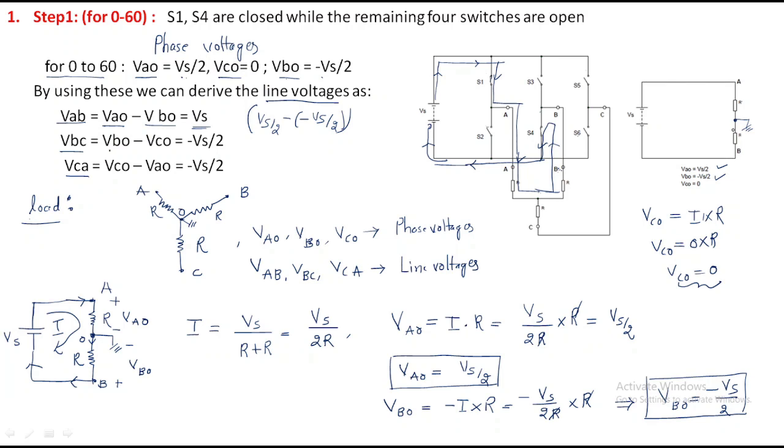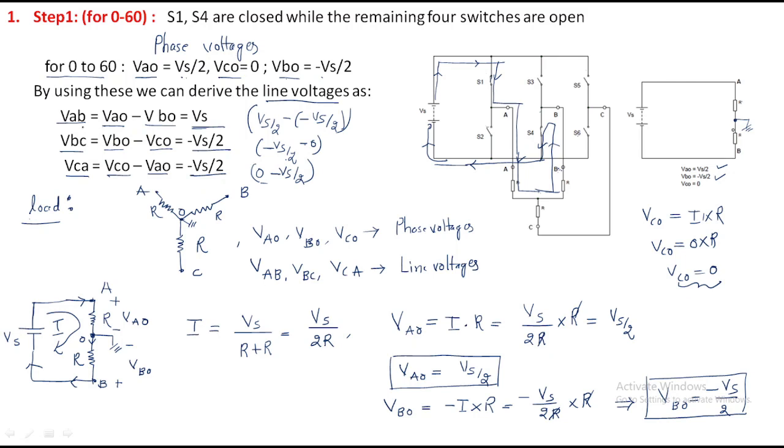What is VBC? VBC equals VB0 minus VC0. VB0 is minus Vs by 2 and VC0 is 0, so you get minus Vs by 2. What is VCA? VC0 minus VA0. VC0 is 0 and VA0 is Vs by 2, so 0 minus Vs by 2 gives minus Vs by 2.